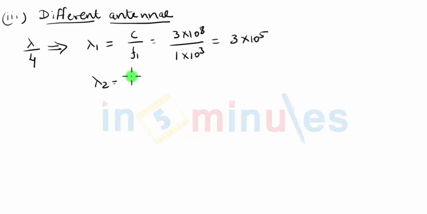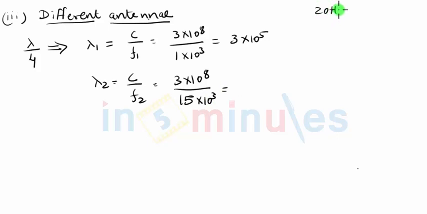For one more frequency, let me take this frequency to be 15 kilohertz. Please note that 15 kilohertz is a valid audio frequency because the range of audio frequencies is 20 hertz to 20 kilohertz. So lambda 2 comes out to be 1 by 5 into 10 raised to 5.